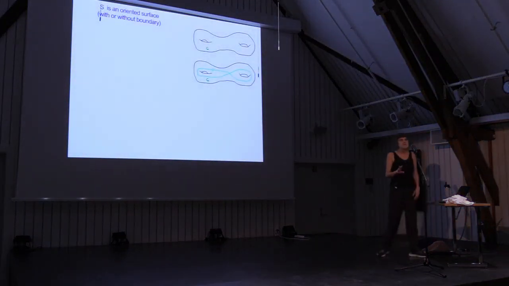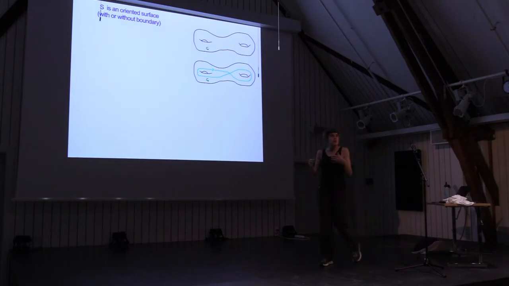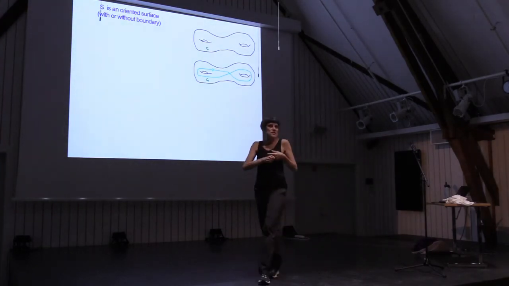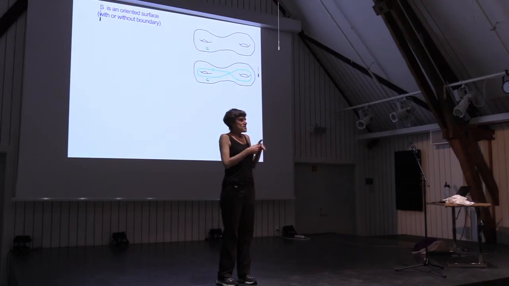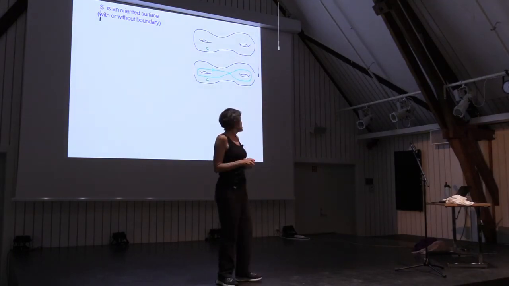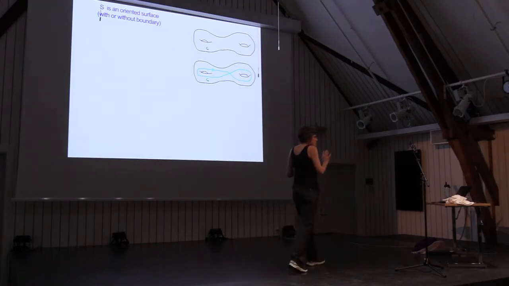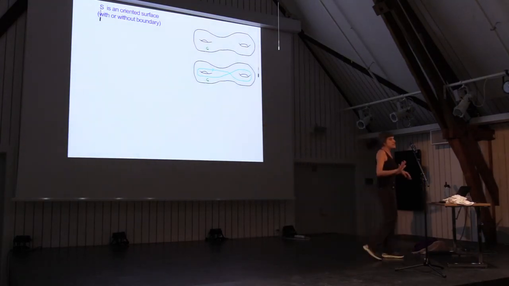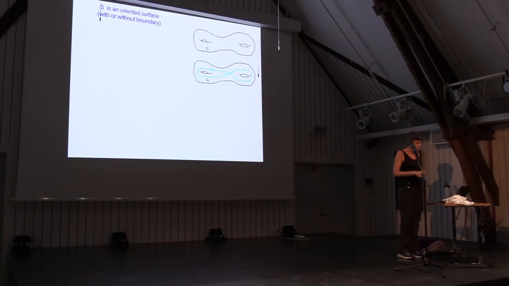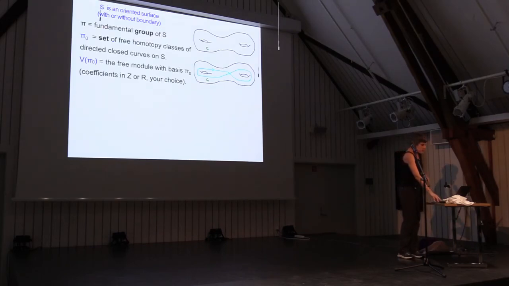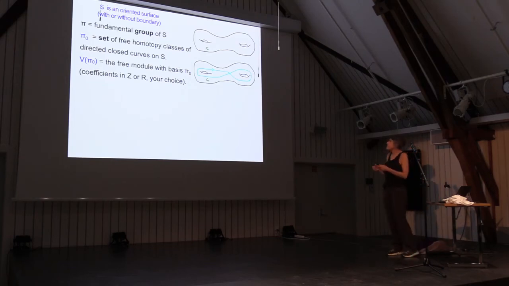So I'm going to now give you, if you're lost, you can come back, I hope, a present. It's a wonderful Lie algebra of curves. So now we're going to have a surface which has an orientation, and it can have boundary or not. And we're going to be looking at, again, the free homotopy classes of curves on that surface, directed closed curves, as before.